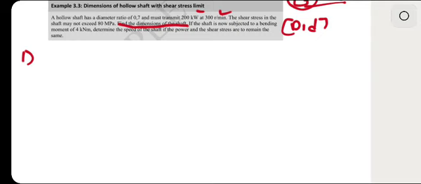Do not forget we have TE, guys. TE is the equivalent torque in the shaft.